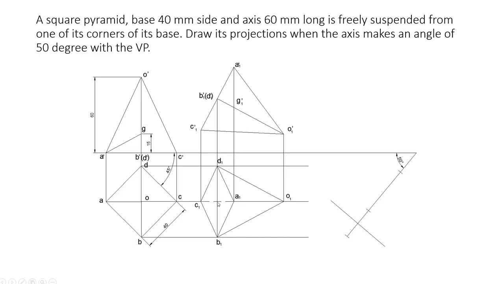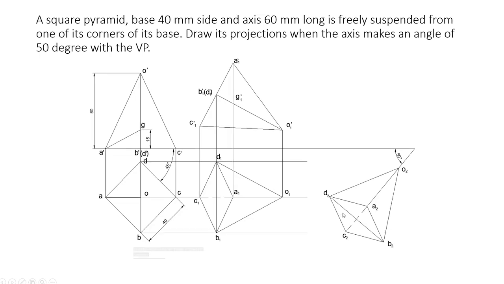Now from the third point, you want to mark this dimension and this dimension perpendicular to this line, one dimension towards left and the other towards right. So in that way you can get 5 points here.